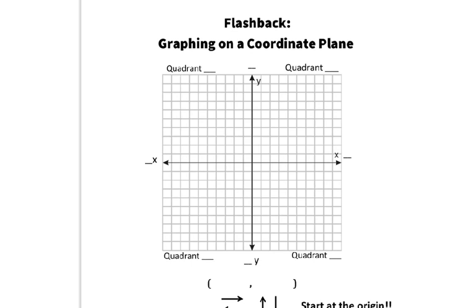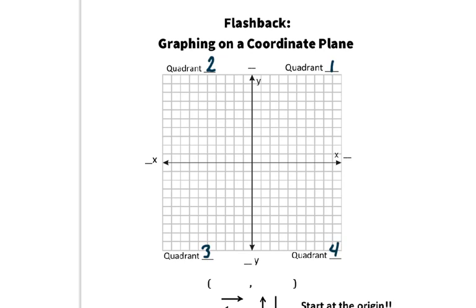What we need to know about a coordinate plane is that there are 4 areas that we call quadrants. So each of these 4 spaces can have points in them and we call them quadrants. How it works is quadrant 1 is the top right quadrant. Quadrant 2 is next. Quadrant 3 and then quadrant 4.